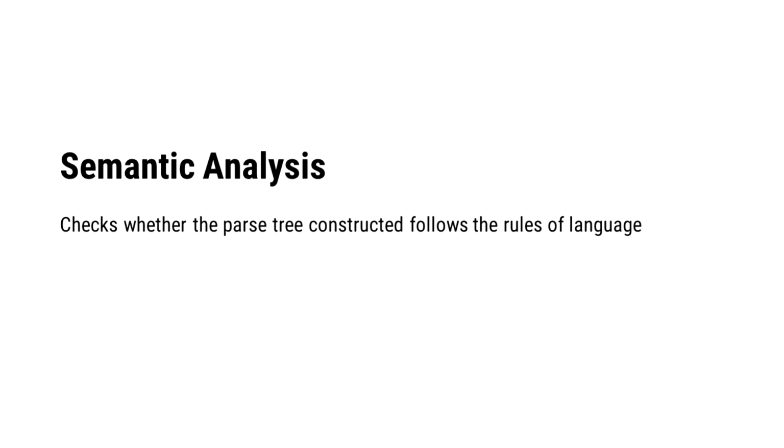And the third stage is semantic analysis. In the semantic analysis, we check whether the parse tree constructed follows the rules of the language or not. For example, assignment of values is between compatible data types: integer, character, boolean, whatever.